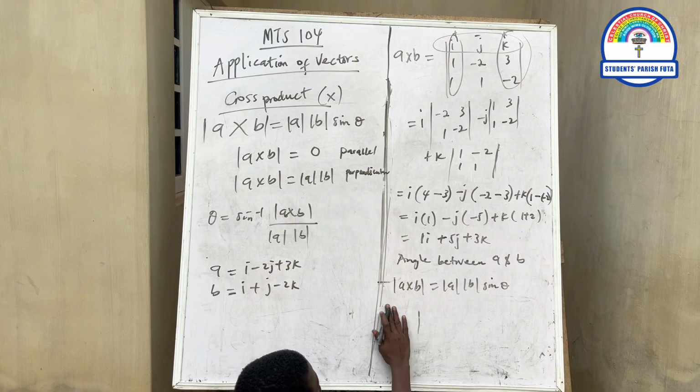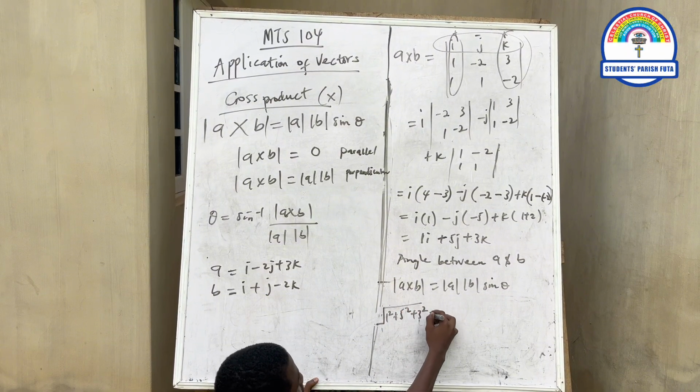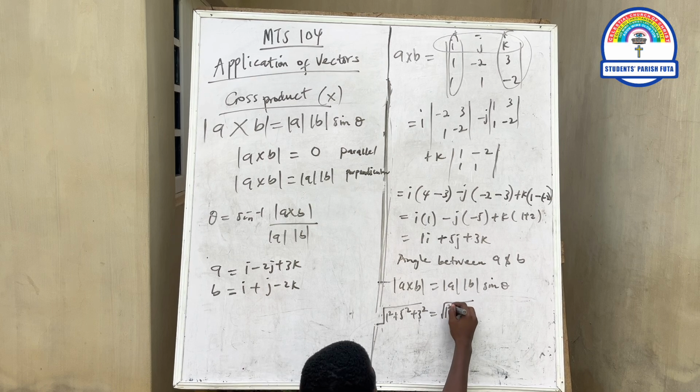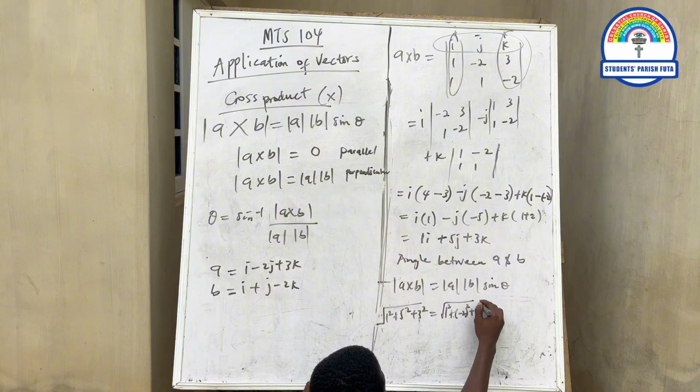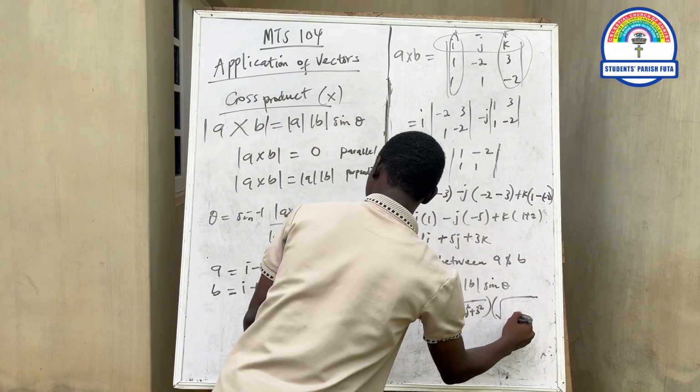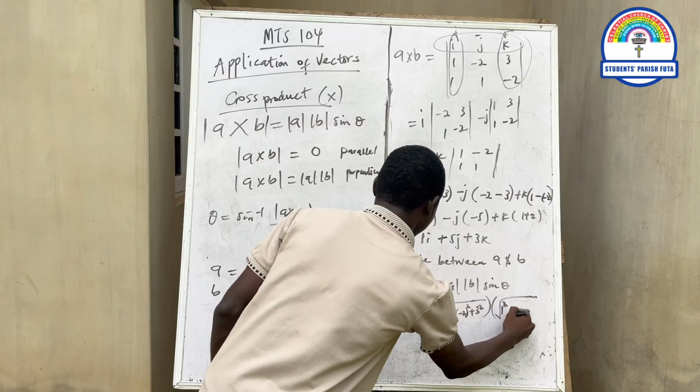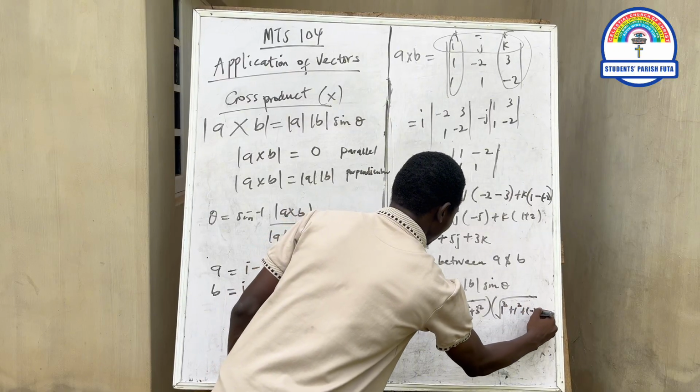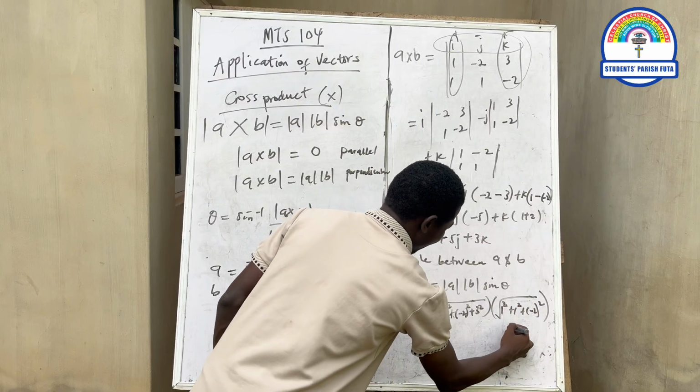That will be the square root of 1 square plus 5 square plus 3 square, equals, for A, the square root of 1 square plus minus 2 square plus 3 square, times, for B, the square root of 1 square plus 1 square plus minus 2 square, then sine theta.